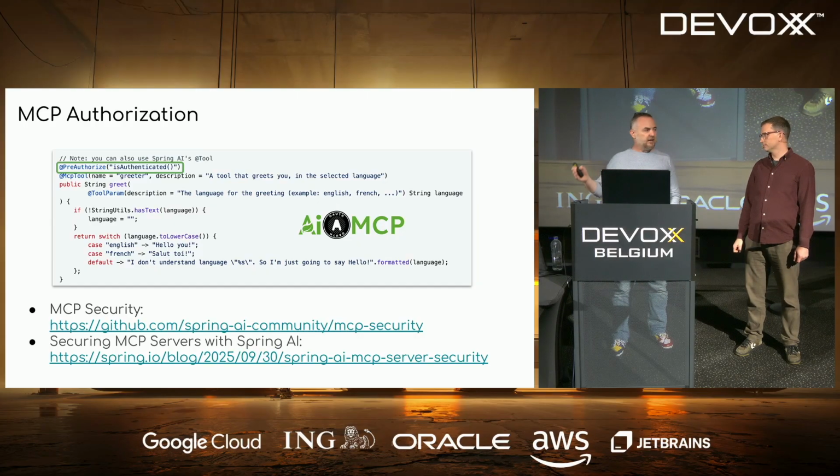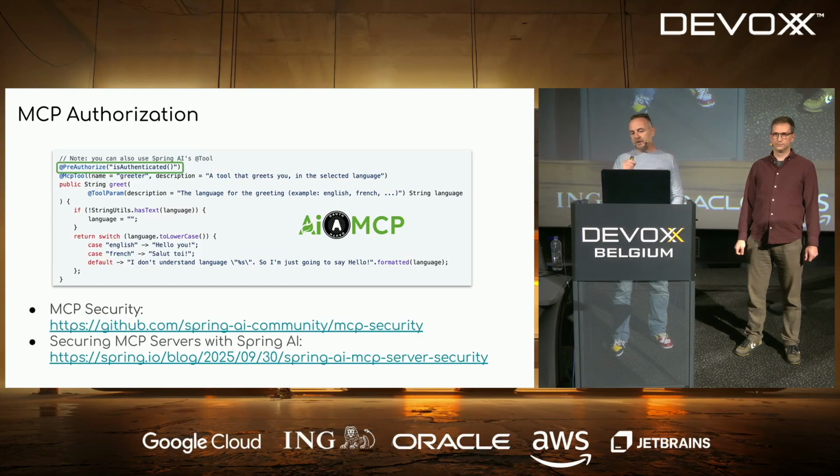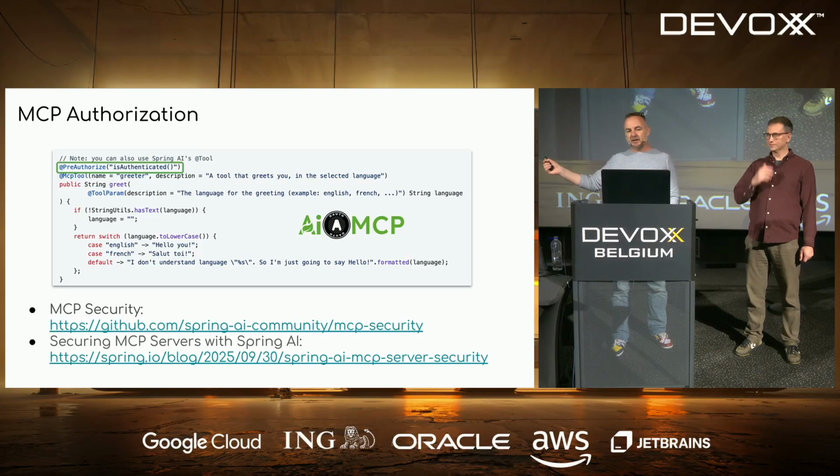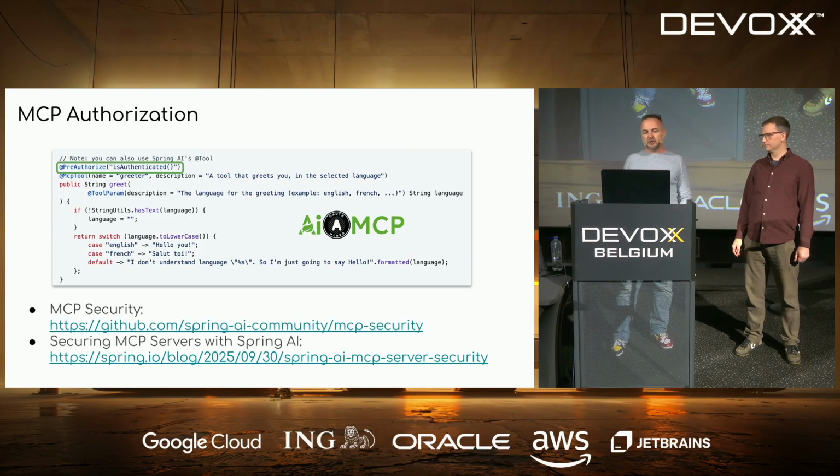So the SDK itself allows you to provide the security hooks that allow you to propagate the security information across the important parties and entities. Our friend Daniel built MCP security based on the Spring Security extension that is very functional and very interesting.